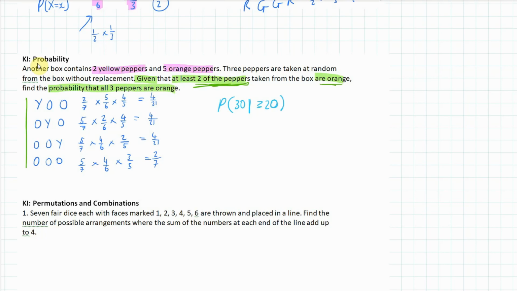And so this means the probability of the intersection of those 2, which is all 3 are orange, so that's how both of them happen together, divided by the probability that at least 2 are orange.